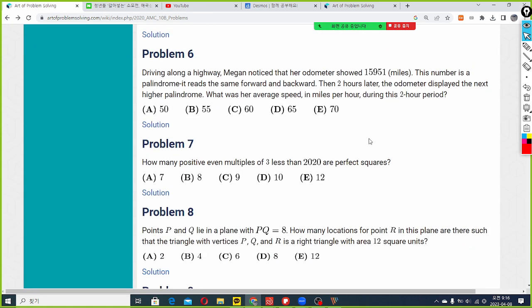On number 6, we want to find the next palindrome. So what will be the next palindrome?